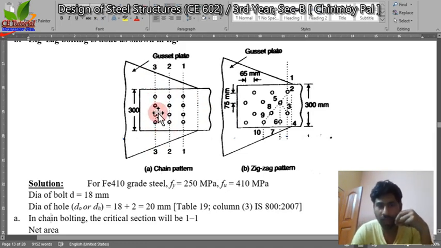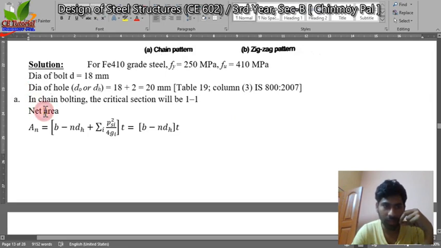If it happens, the section will not fail, because along 1-1 and 2-2 the bolts will resist the force. Only the 1-1 line is critical, because if failure happens along the 1-1 line, then the total connection will fail. And this is the net section.